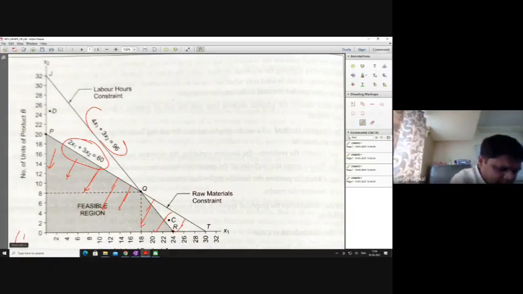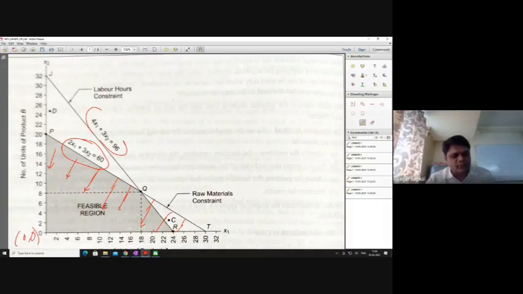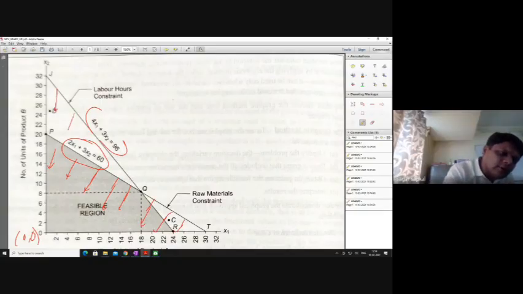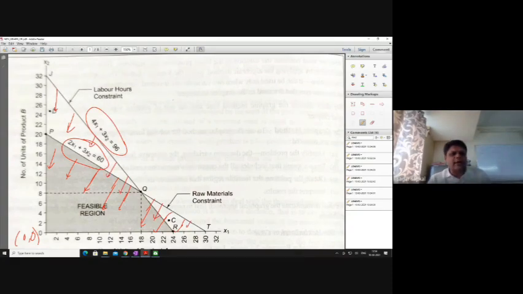This is the 0, 0 point. Similarly, the second constraint is also of the less than or equal to type. So you have to observe towards 0, 0 from this line. Is it okay?